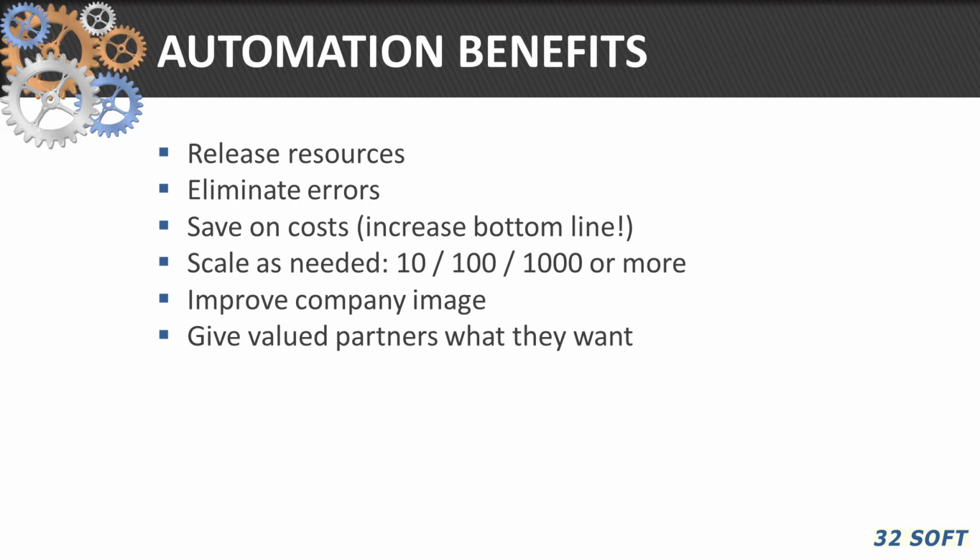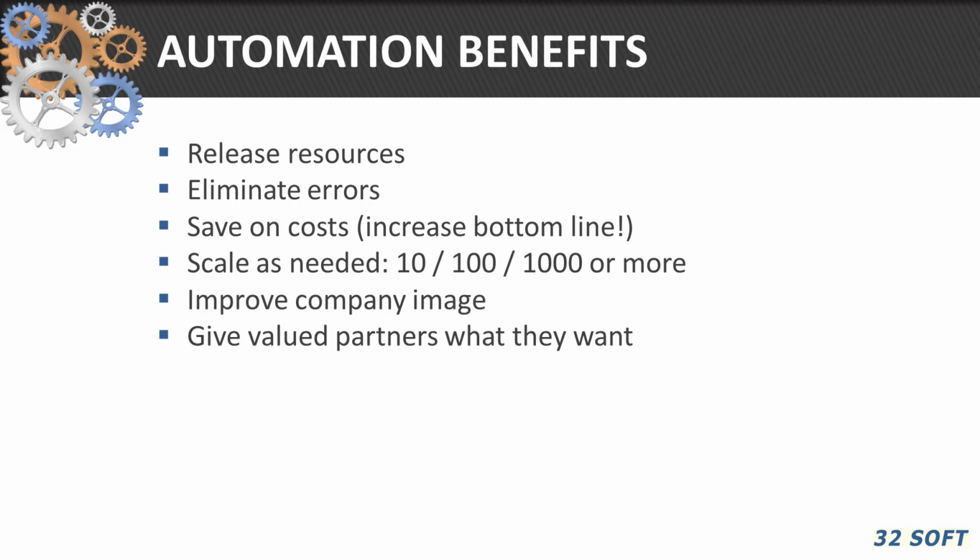There are direct and indirect cost savings associated with listed above points, such as saving on labor, postal, and so on. For the automated process, it does not matter how many documents you generate, 10 or 100 or 1000. It will work quickly and accurately, exactly as you want it.